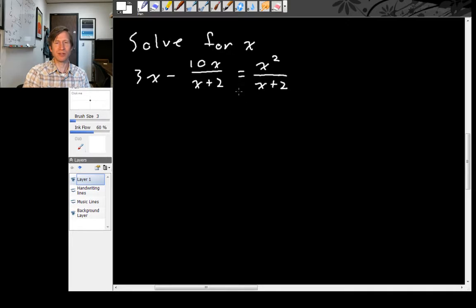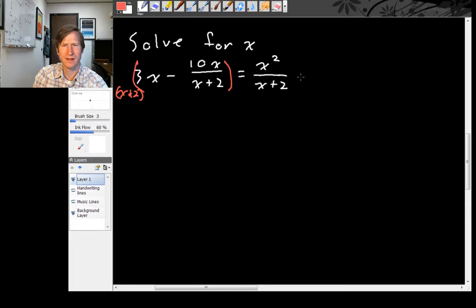So it looks like the only denominators around in this one are x plus 2. So let's just multiply both sides of the equation by x plus 2. Like this. Now on the right-hand side, the x plus 2 just cancels. On the left-hand side, we have to distribute this x plus 2.